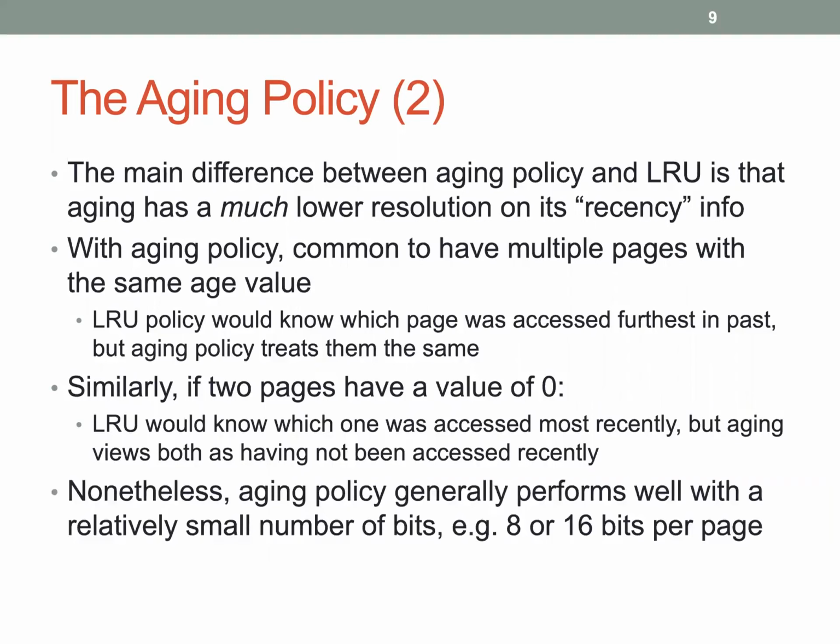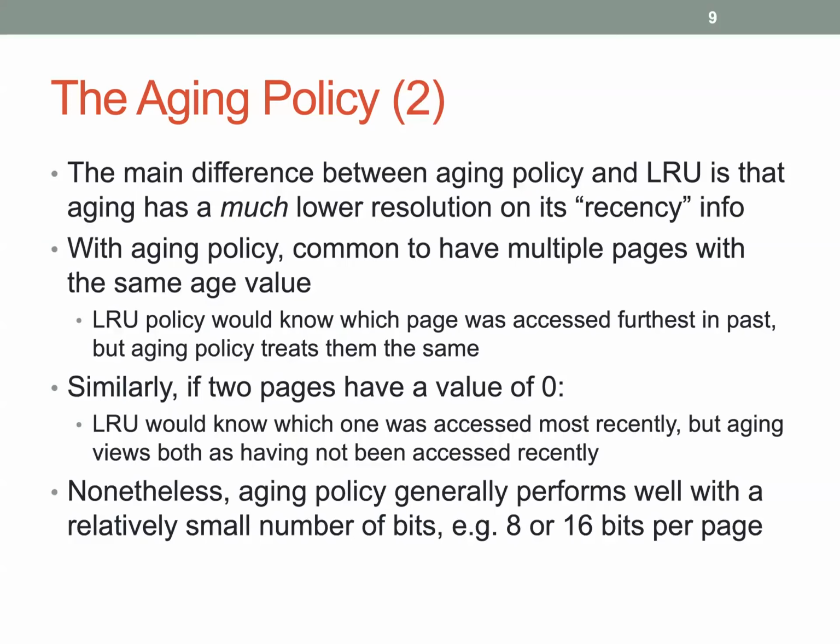And the interesting thing about aging is it does very well with a very small number of bits allocated per page in memory. And I actually did some experiments with this. In the program that I wrote that implemented aging, I had 8 bits of age, 16 bits of age, and 32 bits of age.